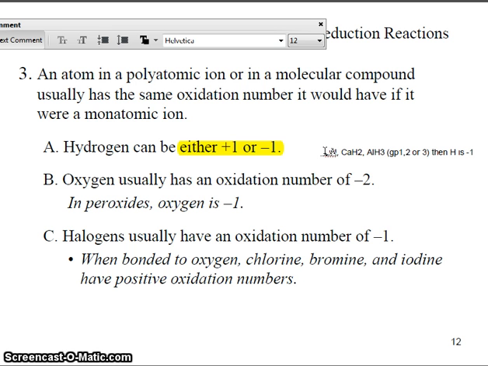Likewise, if you consider oxygen, usually it takes a value of -1. No. Oxygen has an oxidation number of -2. I'm sorry. And in case of peroxides, it actually happens to be a -1. So that's the exception right here.